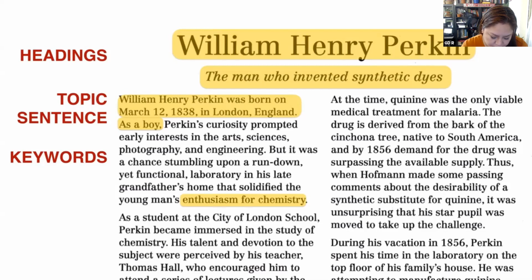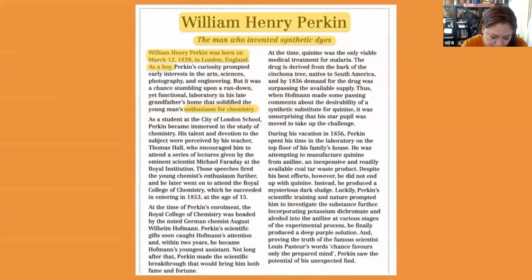So now I'm going to zoom back out and I can show you how you would do this for the whole text. So basically, you read the first sentence of each paragraph, the topic sentence, and then you very quickly scan for keywords in the paragraph. And then you do the same with all of the paragraphs in the text.